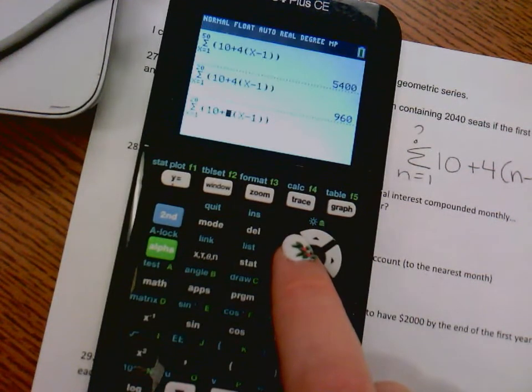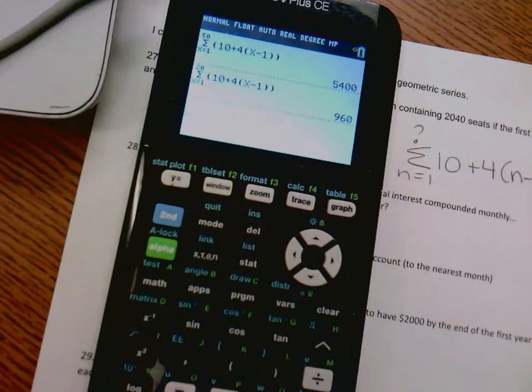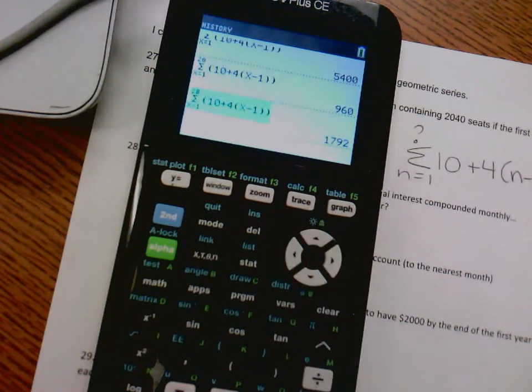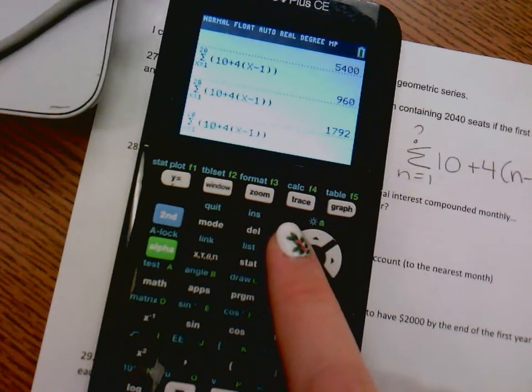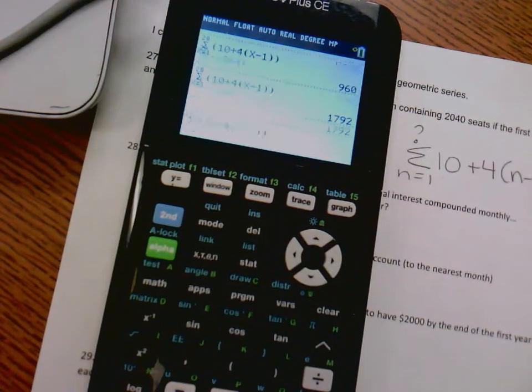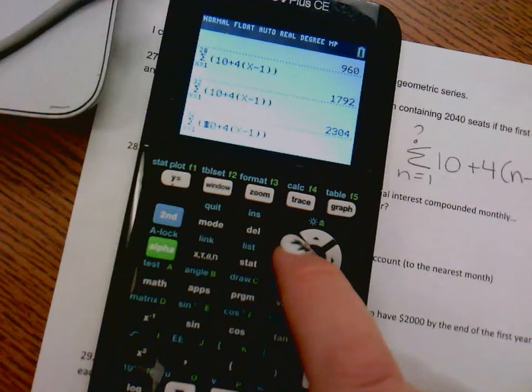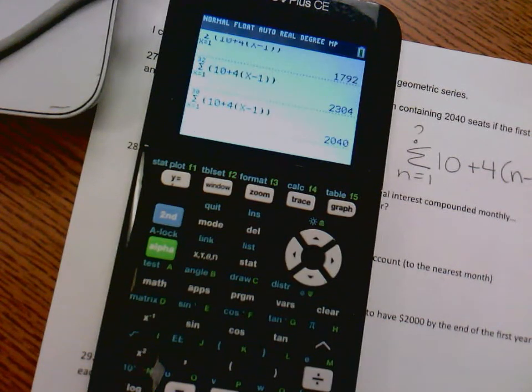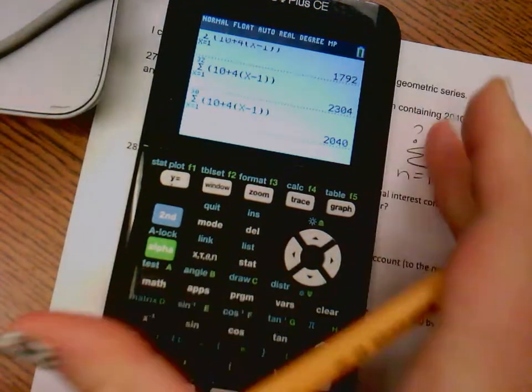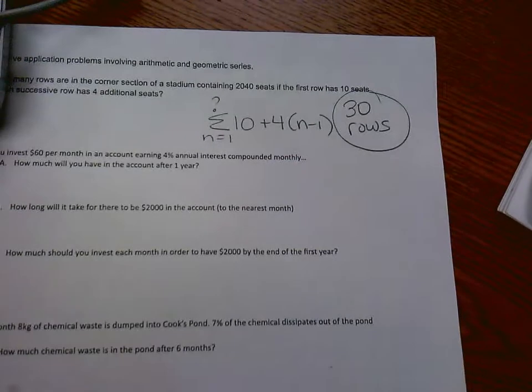What if it has 28 rows? Still not enough. What if it has 32 rows? Too many. 30 rows? So it has 30 rows. I'm not sure of a better way to do that problem than guess and check.